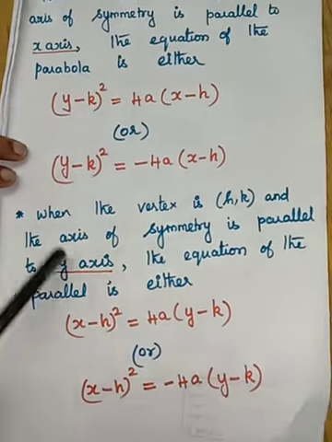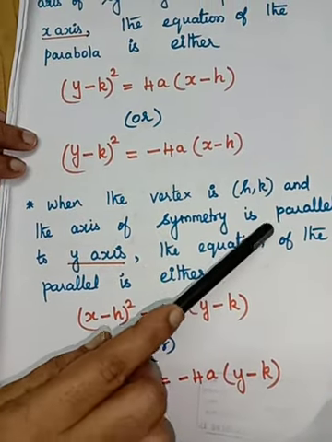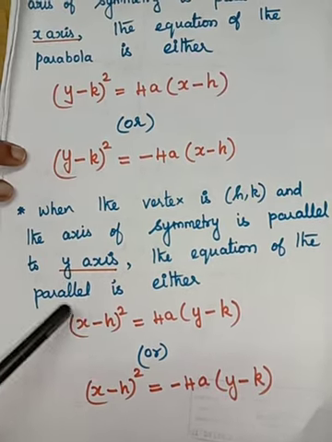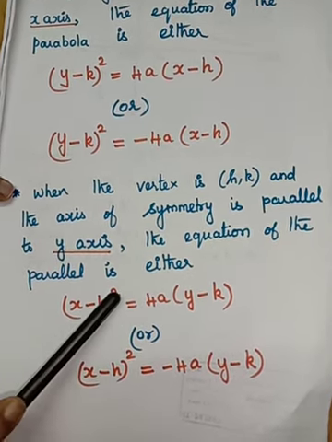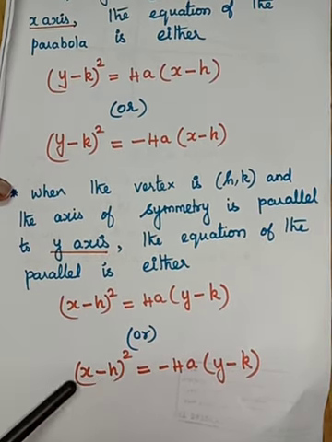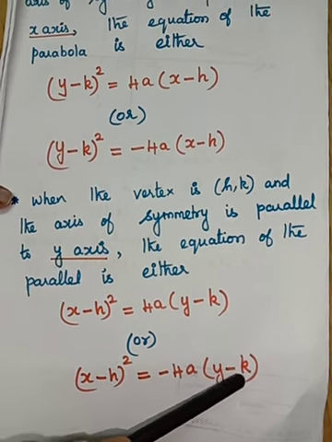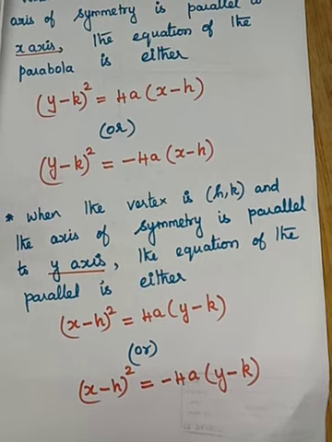In the same way, when the vertex is h, k and the axis of symmetry is parallel to the y-axis, the equation of the parabola is x minus h the whole squared is equal to 4a into y minus k, or x minus h the whole squared is equal to minus 4a into y minus k. So you have to be careful in writing the words.